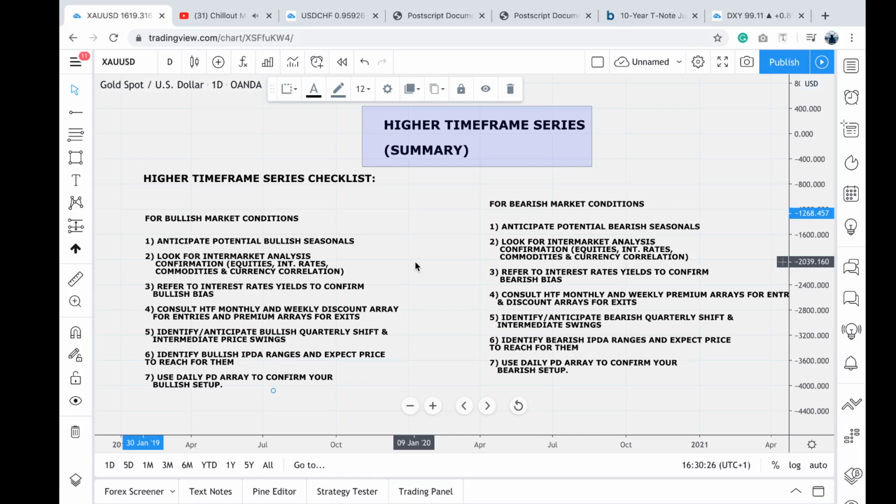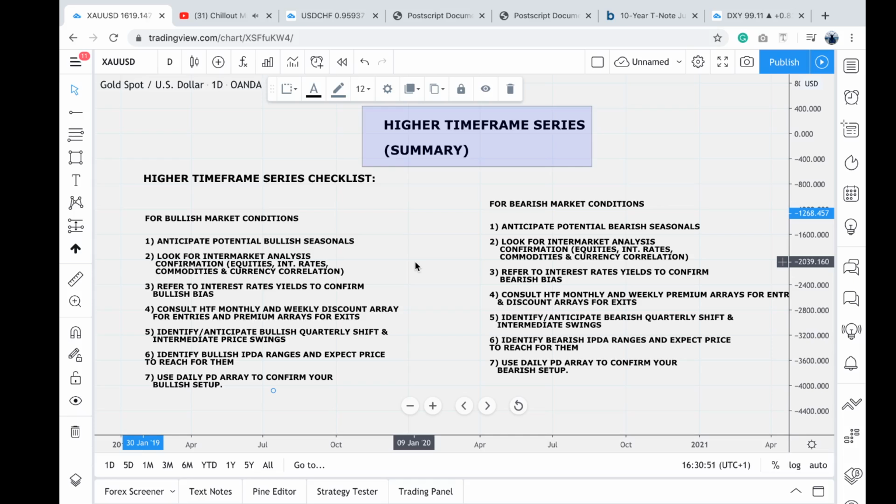Remember, IPDA seeks inefficiency and also seeks liquidity. So using the IPDA ranges trains your eyes to see where the liquidity in the marketplace rests, especially the fund-level liquidity, which rests around daily levels. And lastly, you want to use your daily PD arrays to confirm your bullish setup before your entry.